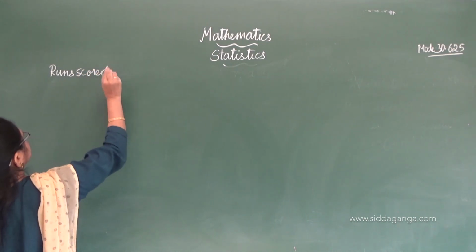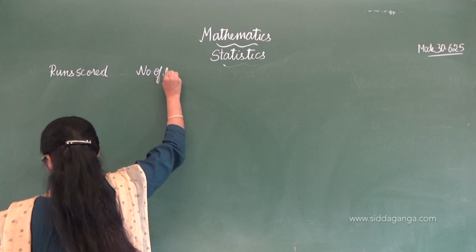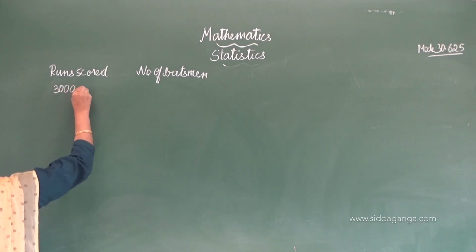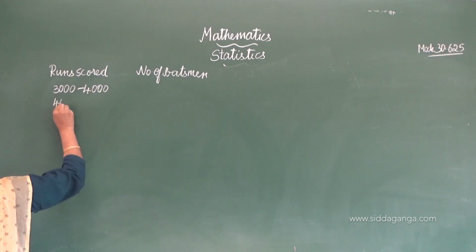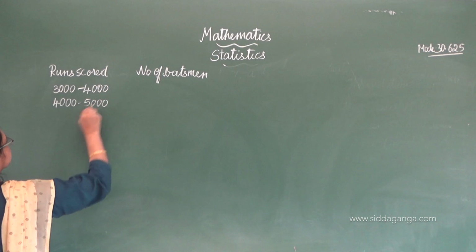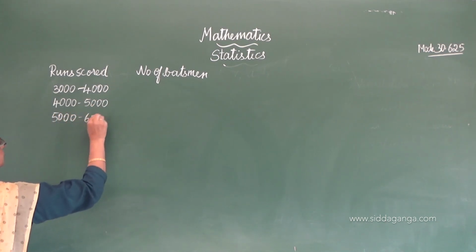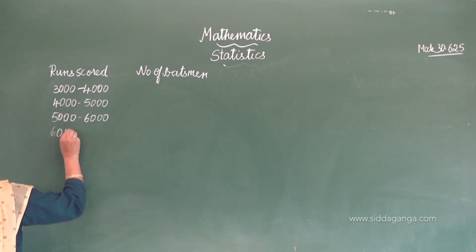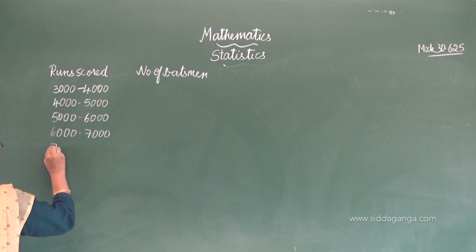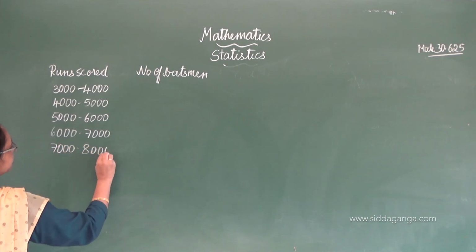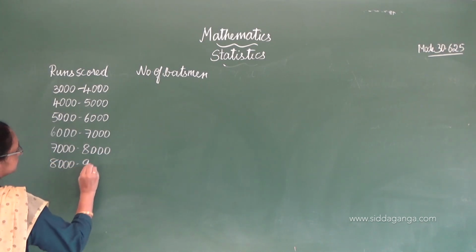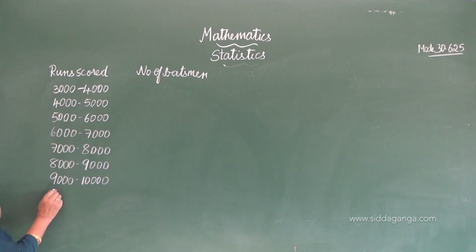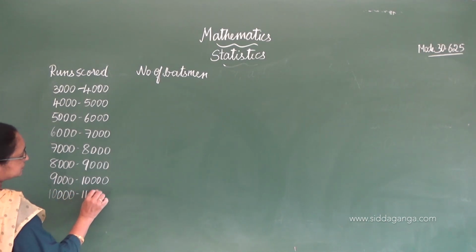Runs scored and number of batsmen. 3,000 to 4,000, 4,000 to 5,000, 5,000 to 6,000, 6,000 to 7,000, 7,000 to 8,000, 8,000 to 9,000, 9,000 to 10,000, 10,000 to 11,000.